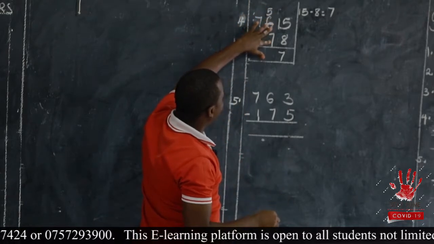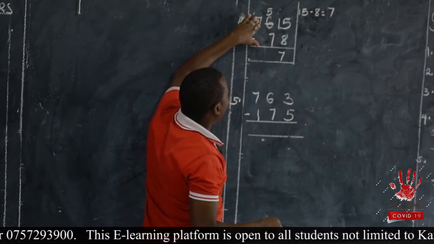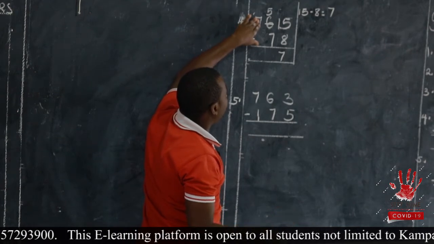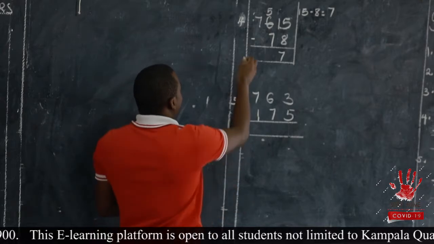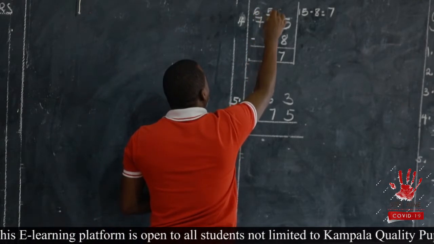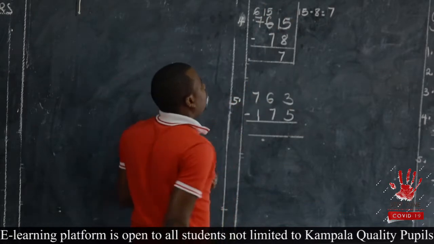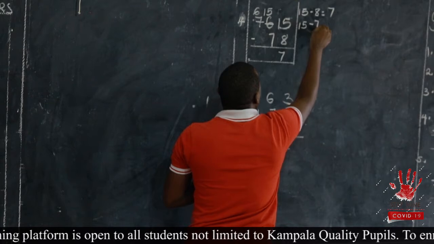Then 5 take away 7. 5 is smaller than 7, so we regroup. And where do we regroup? The number in the next place value. So when we come here, we shall take 110. So here we shall remain with 6 and take 110 still to make 15. So you will again have 15 take away 7.